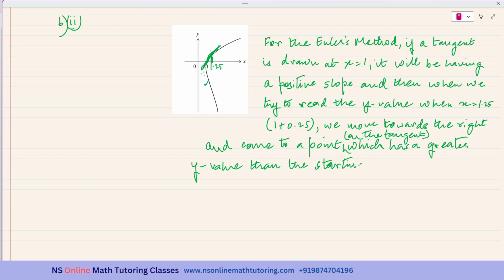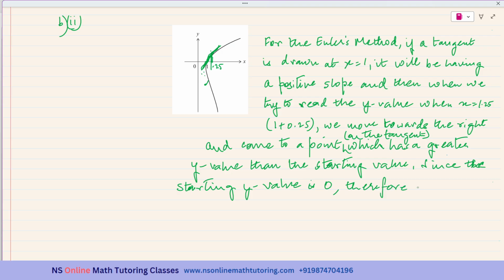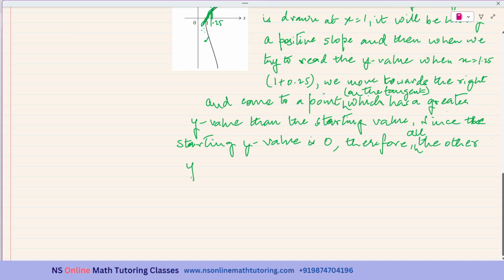Okay. Since the starting y value is 0, therefore all the other y values are positive.